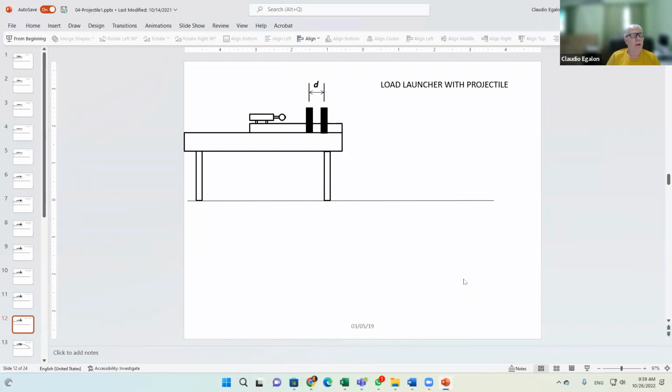Load the launcher with the projectile. What are we going to do now? We are going to find out the velocity of this projectile by timing how long it takes to cover this distance of 10 centimeters. D divided by delta T of the photo gate is the launch speed of the projectile.